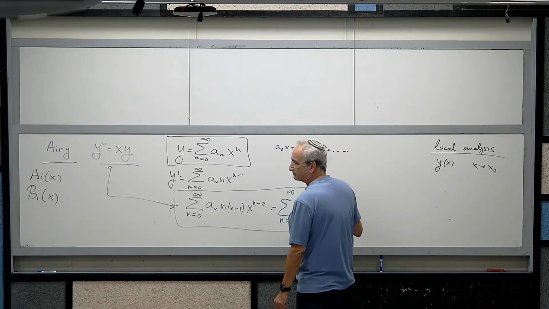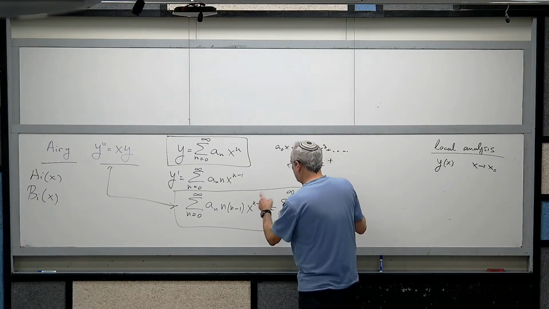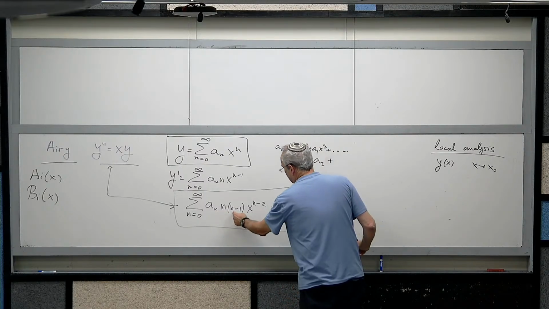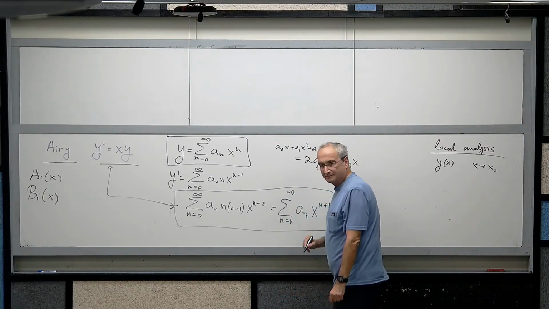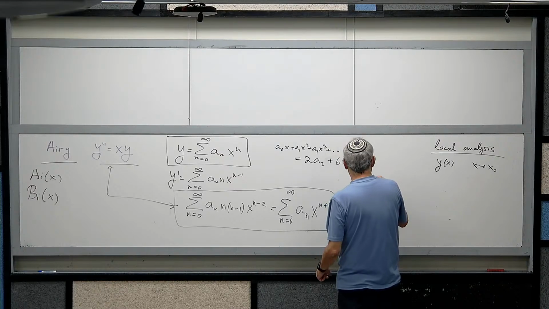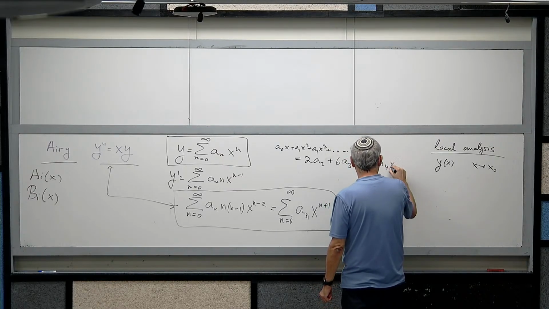So it's 2a2. Okay? And now the next term will be a3 times 3 times 3 minus 1, so 6a3 x, plus a4, so I have 12a4 x squared, and so on.